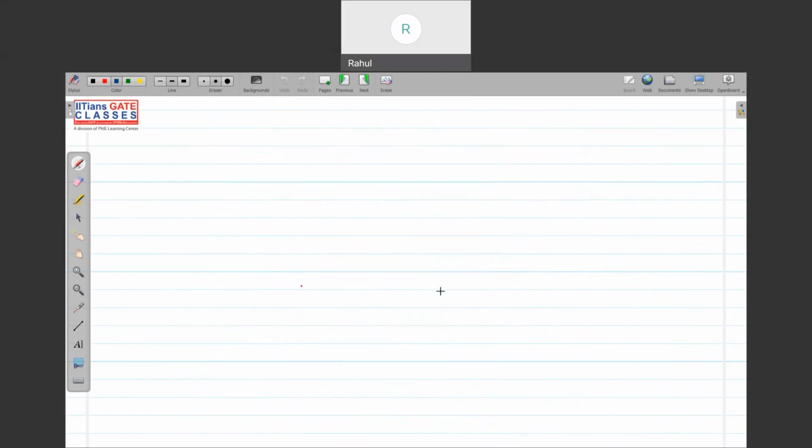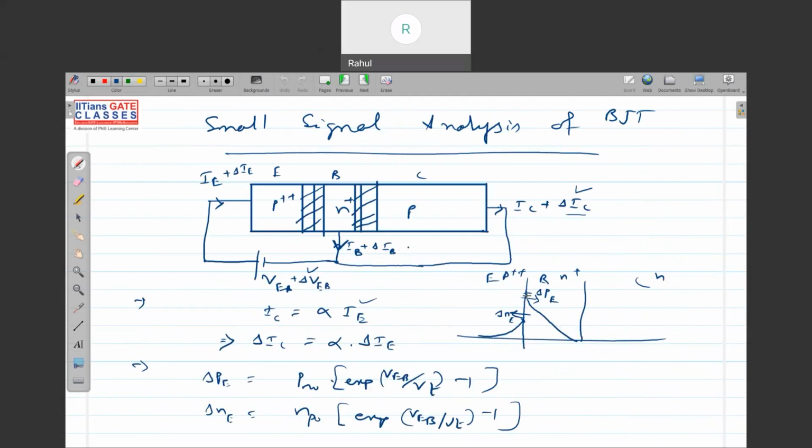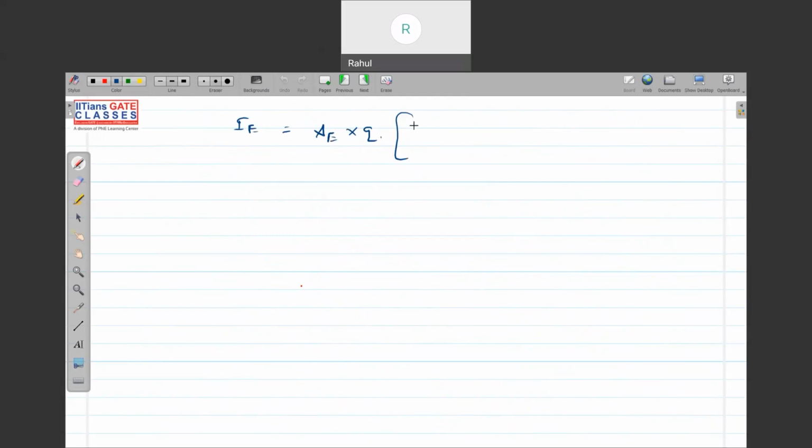Like we have derived in the PN junction theory, the emitter current will be equal to the area of the emitter into the charge into this current, which is nothing but Q D dp by dx, depending upon the concentration gradient. DB is the diffusion constant of minority carriers in the base region, Q DB into dp by dx.